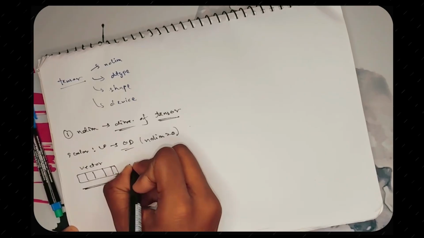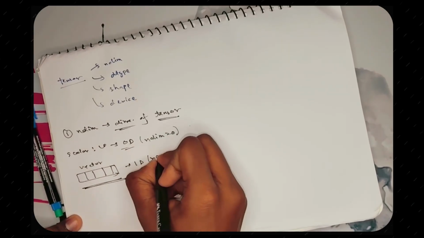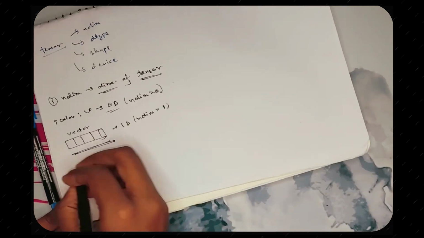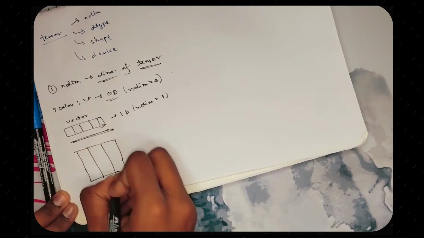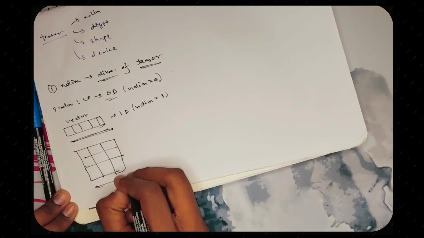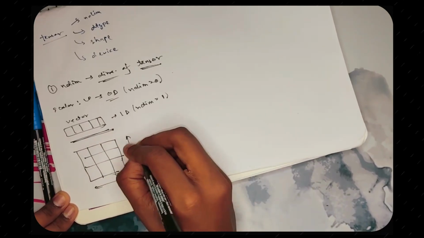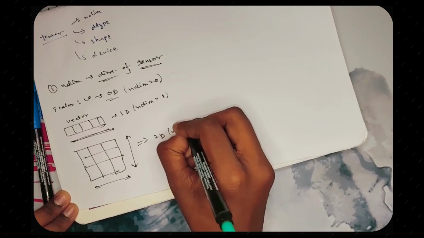It is one-dimensional, and therefore its ndim is equal to 1. Now suppose we have a matrix, which looks like this. It has this dimension and this dimension, so it is two-dimensional, and that's why its ndim is 2.